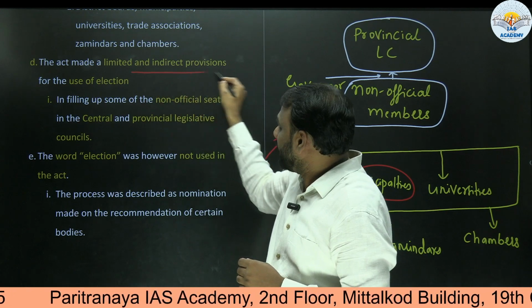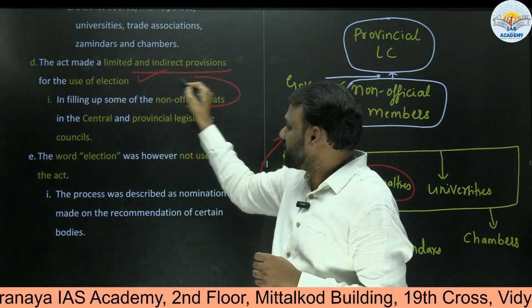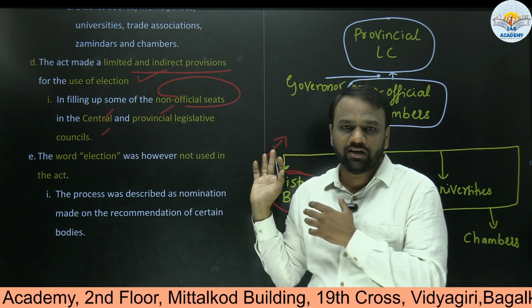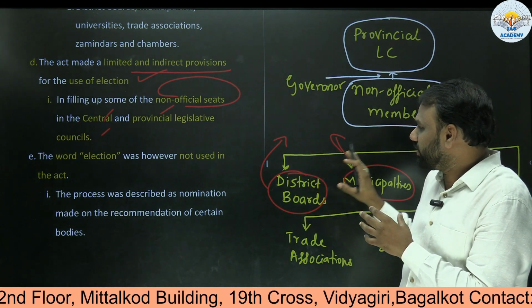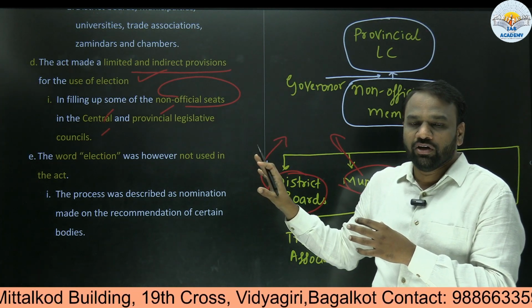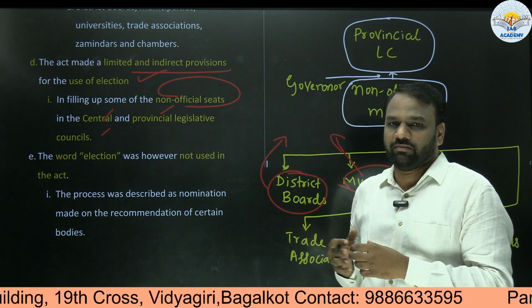The act made limited and indirect provisions for the use of election in filling up the non-official seats in the central and provincial legislative councils. As we just discussed, there was a recommendation from these various boards, both at the provincial level as well as at the central level. So when they are recommending, obviously there should have been some process which was similar to election.